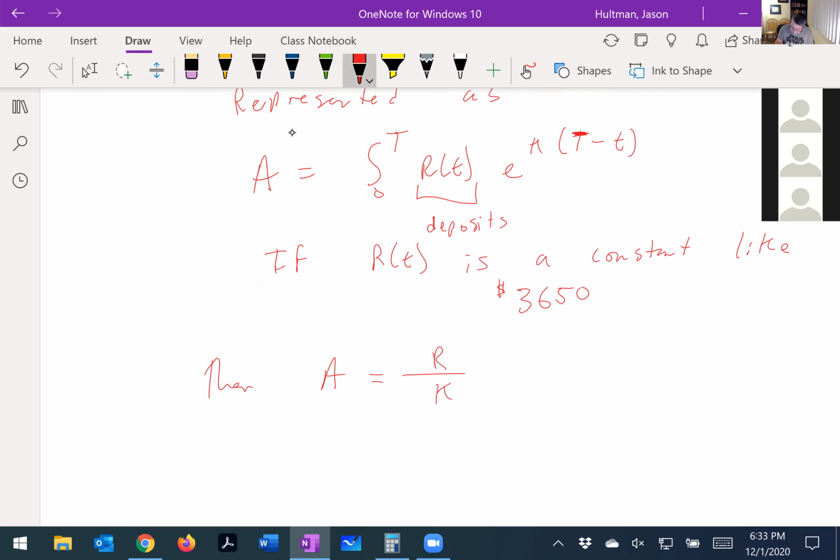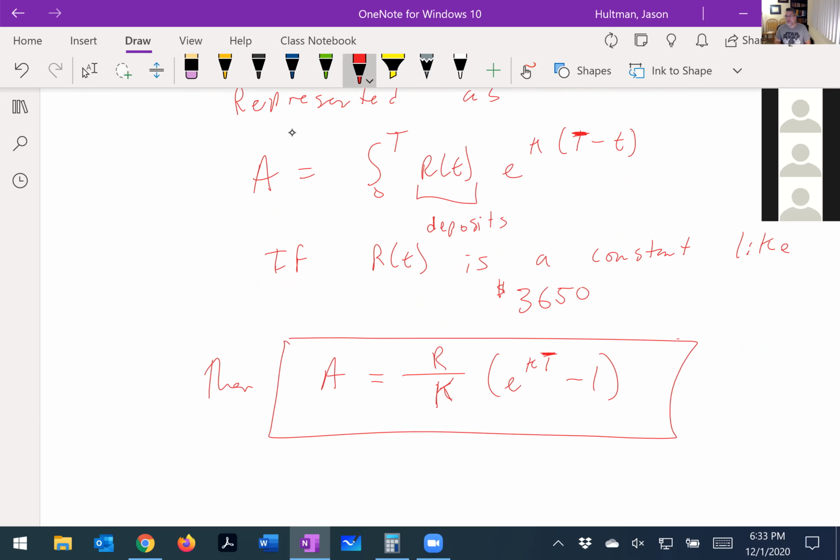It's just R because it's just a constant. R over K times e to the kT, big T, minus 1. It defaults back to our accumulated population growth formula.